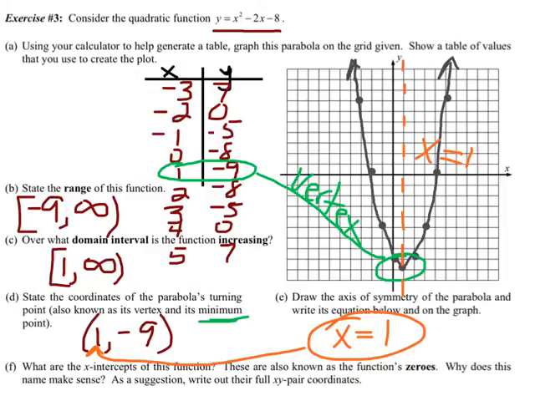What are the x-intercepts of this function? X-intercepts. You have heard of these before. They are called your zeros or your roots. So remember that zeros, x-intercepts, the word roots are all the same. And the roots in this case are negative 2, 0, and 4, 0.